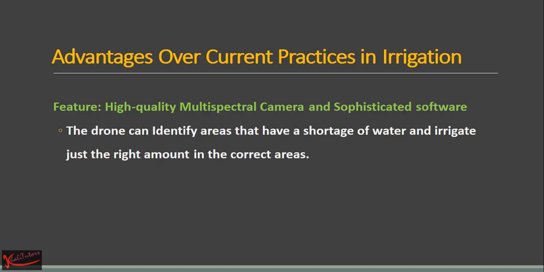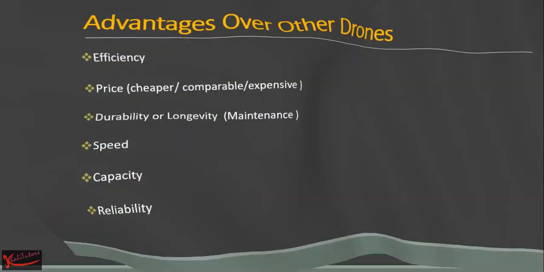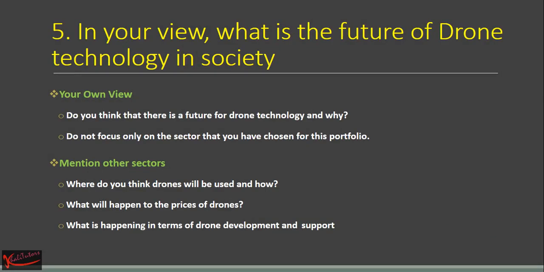Okay, so let's move on now to the 5th question. The 5th question is basically straightforward. This is your view. You can't be wrong. What do you think? Do you think that there is a future for drone technology? And you need to state why. Don't just say, oh, drones will be used in the future. No, you need to give reasons.